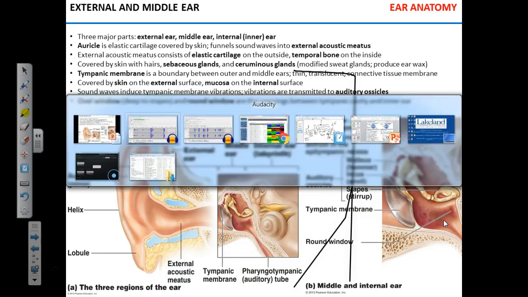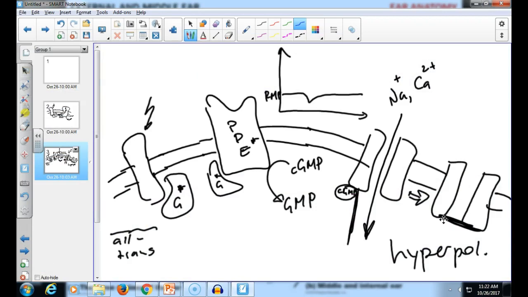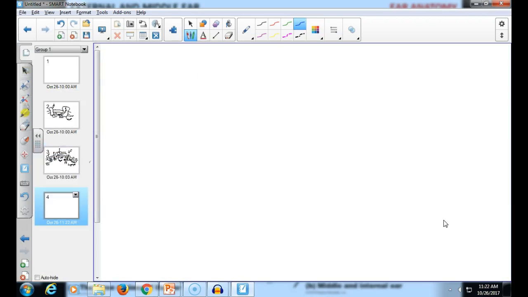What I want to do with you now, we're probably going to start here, but I wanted just to chat about something else. Light transduction seems pretty important and pretty hard.